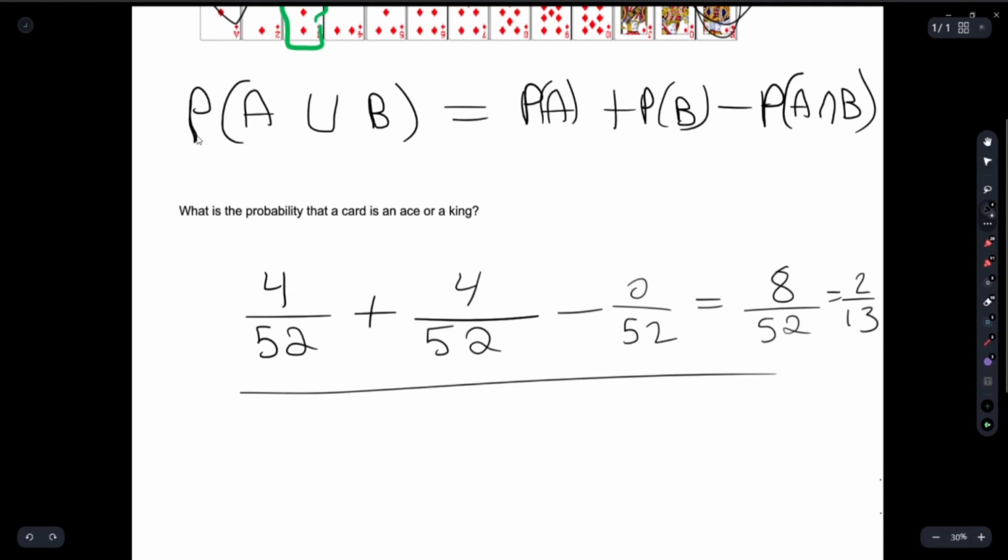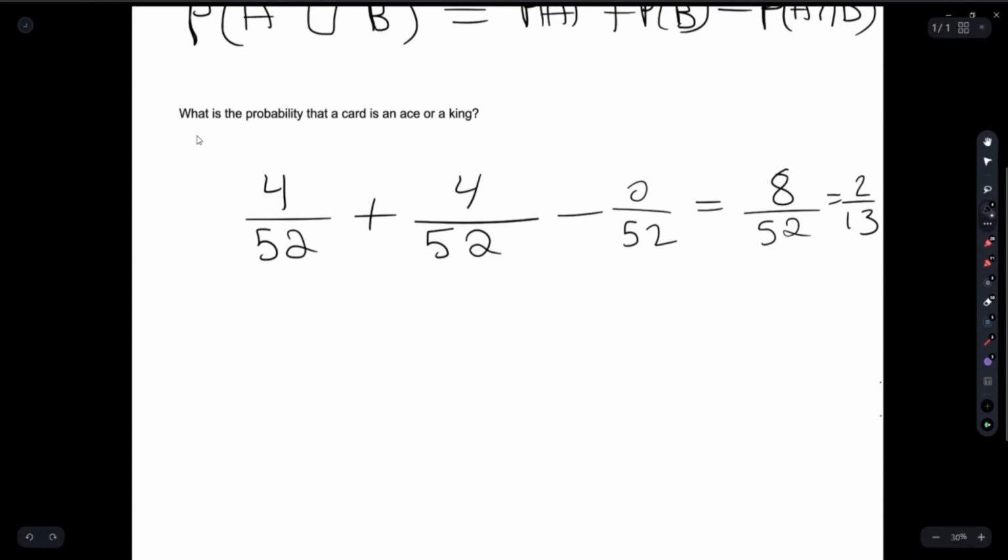Okay, so here we had no intersection, but let's say we did. Okay, let's make another question. So what is the probability that a card is a red card or an ace?